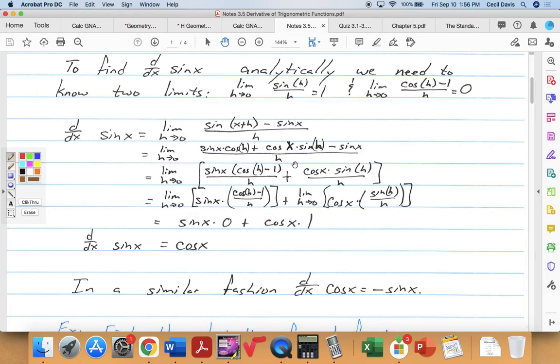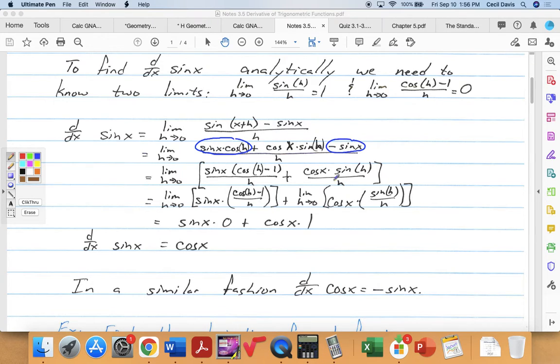All right, well, then what are we going to do? Well, this is where it gets a little tricky. What we're going to do is take this first term and this last term and factor a sine of x out of both of those.